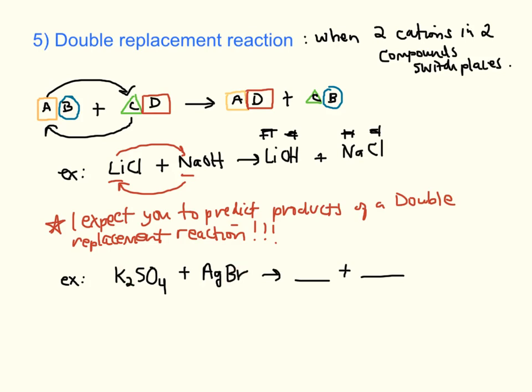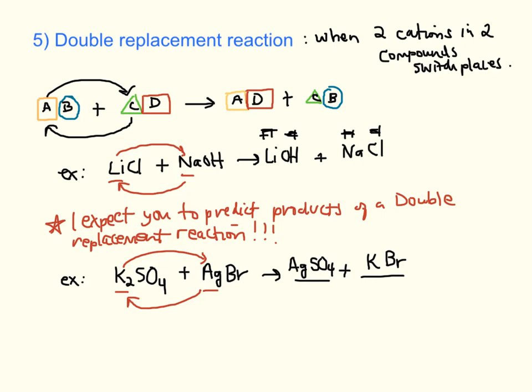So you know that the cations will swap places, which means that the potassium and the silver are going to switch places. So on the other side, we know that the silver will end up with the sulfate, and we know that the potassium will end up with the bromide.